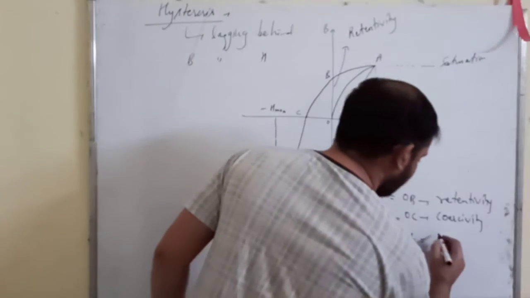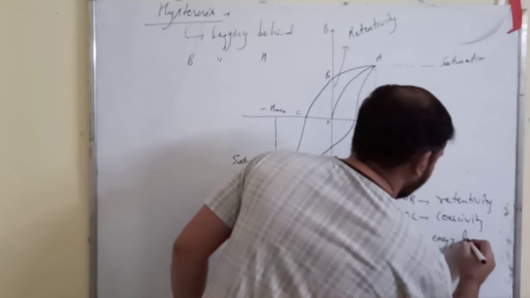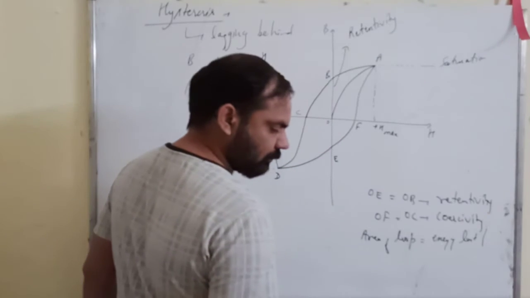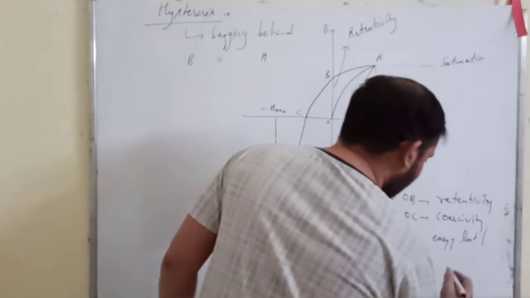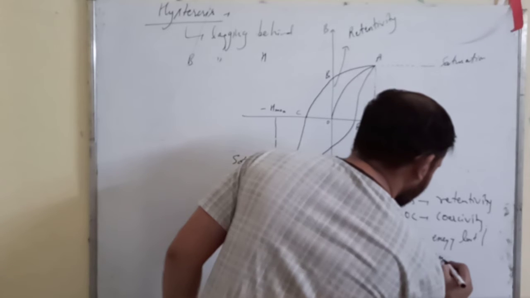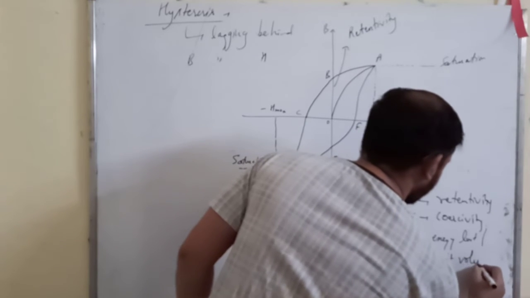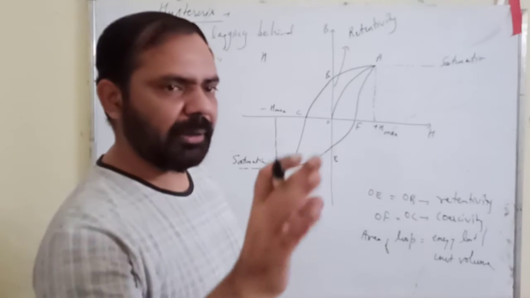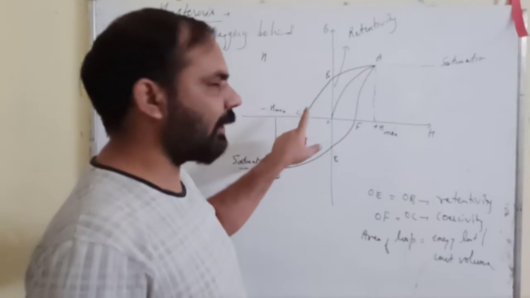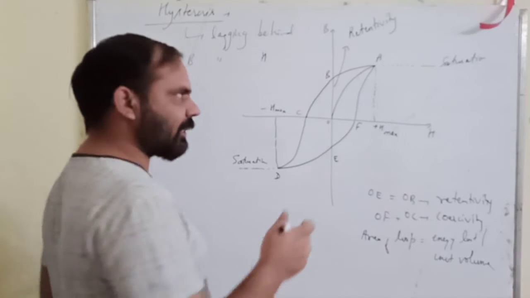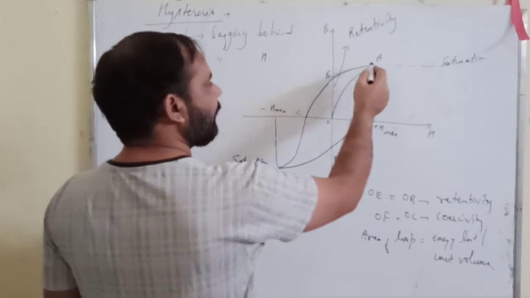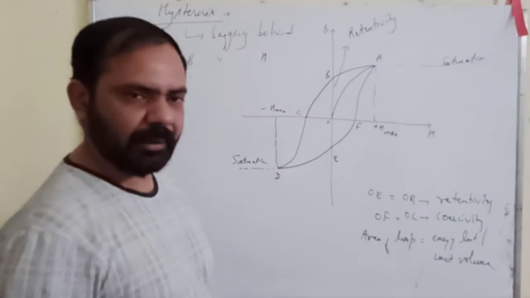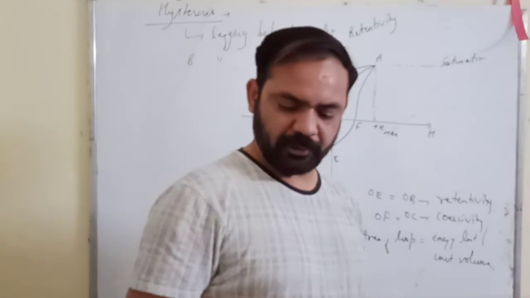So this gives you the energy lost per unit volume. How much energy is lost per unit volume during one complete cycle of magnetization and demagnetization? One complete cycle will be this A, B, C, D, E, F, A. This complete cycle, how much energy is lost, right?